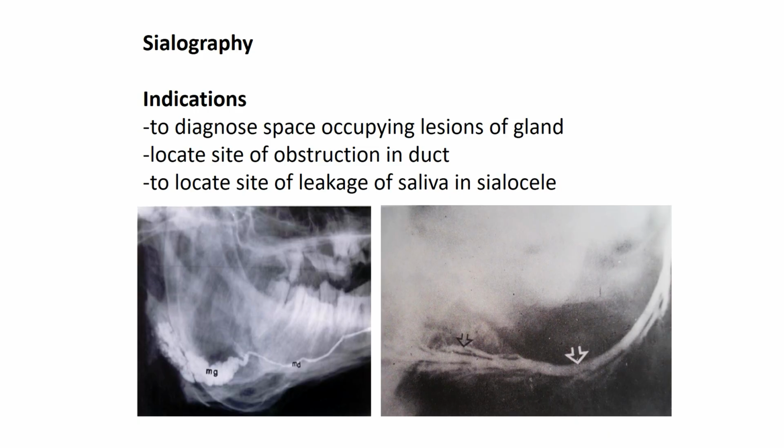So, there are two methods of xylography, one is the retrograde method and another is the direct method. In the retrograde method, we have to inject the contrast agent into the salivary duct, and in the direct or antegrade method, you have to inject the contrast agent directly into the salivary gland.